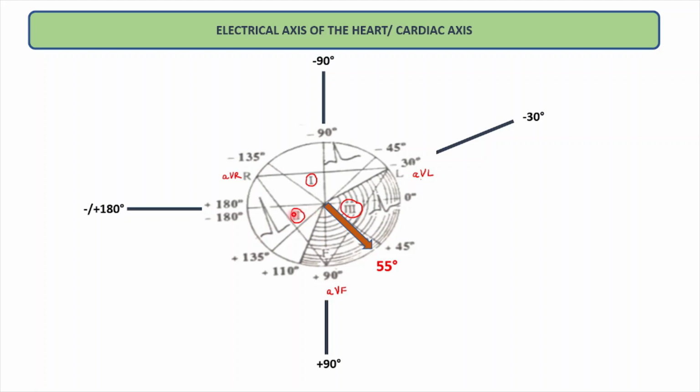Besides, there are 3 augmented limb leads, that is AVR, augmented vector right, AVL, augmented vector left and AVF, augmented vector foot.